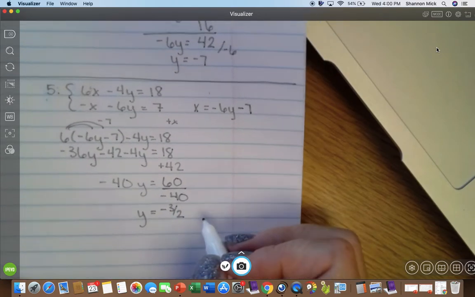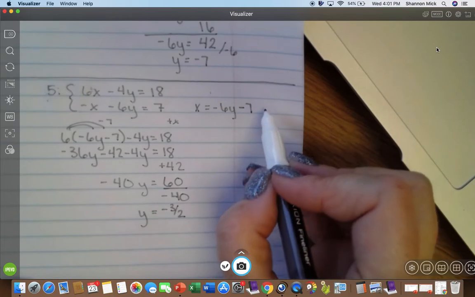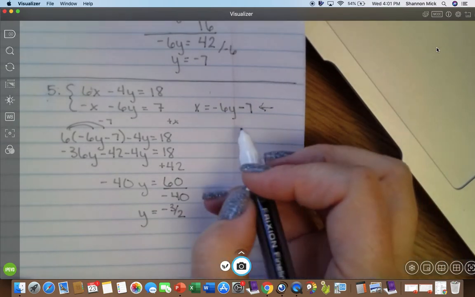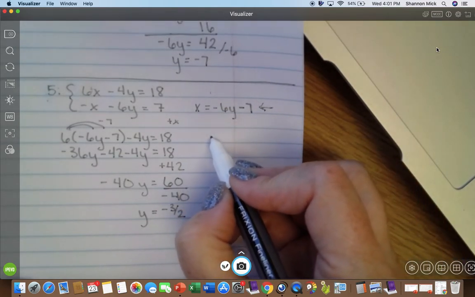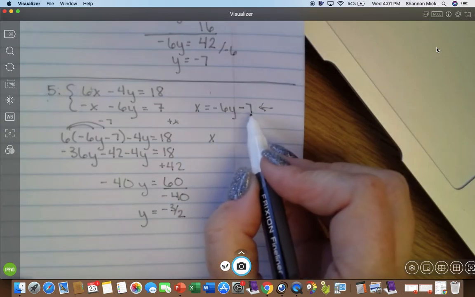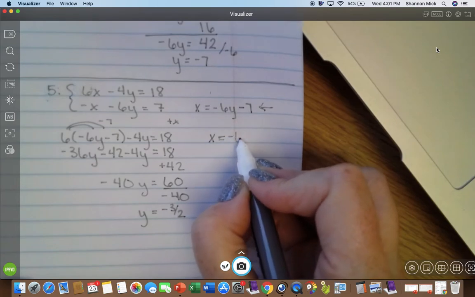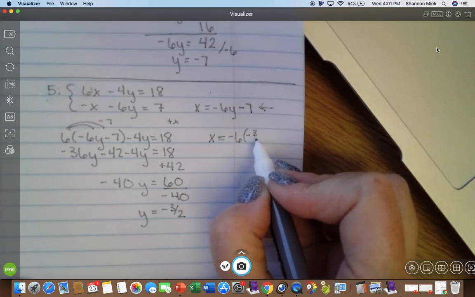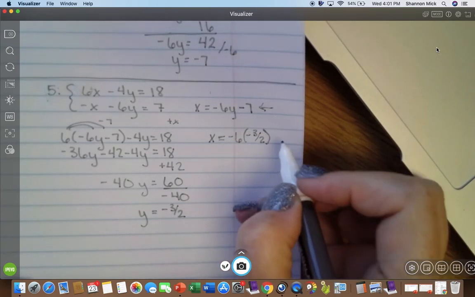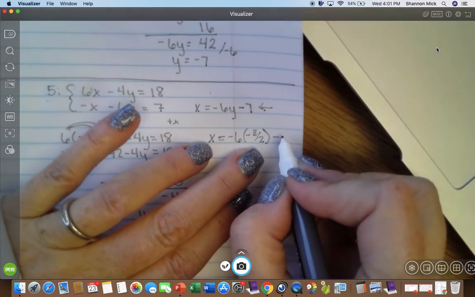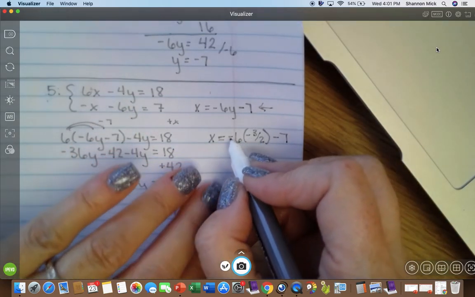So I now have to stick with that negative 3 halves and substitute it right back into this original solve for x. x equals negative 6 times negative 3 halves minus 7. Well, a negative times a negative is a positive.